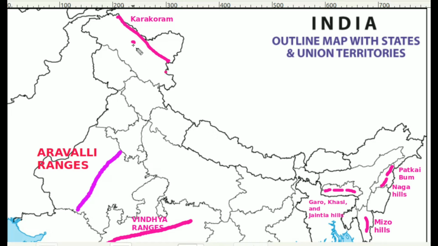And Zaskar, which are the three ranges of Trans-Himalayas.